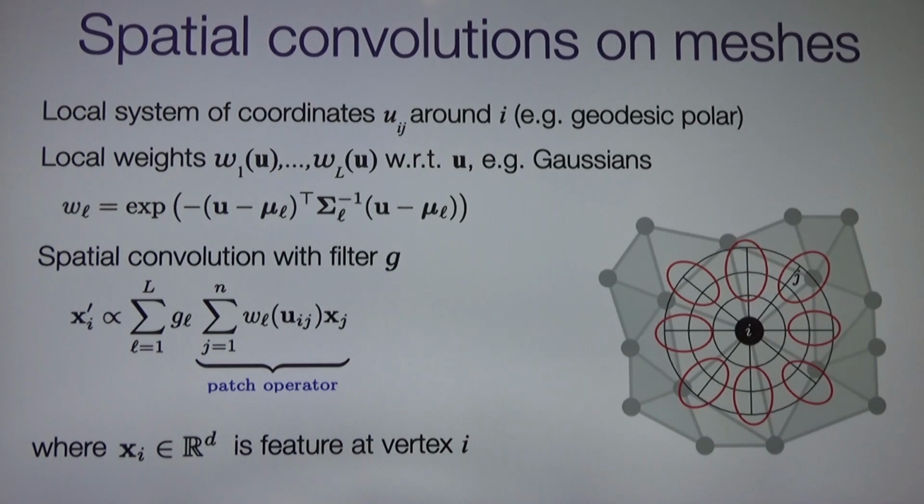So xi is a feature defined in vertex i, xj is a feature in vertex j, and so on and so forth.